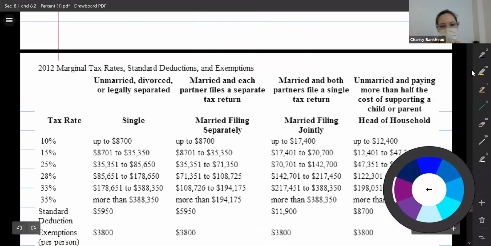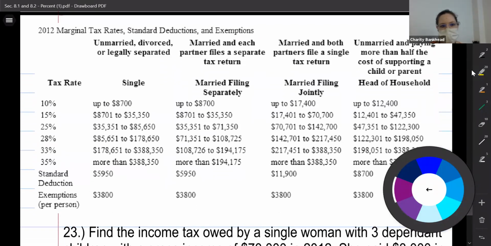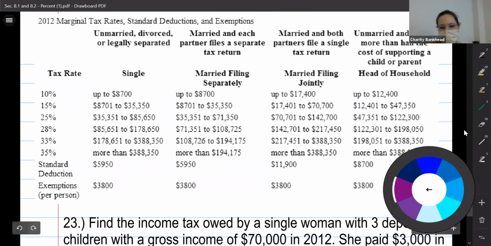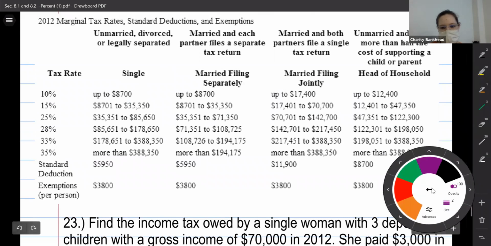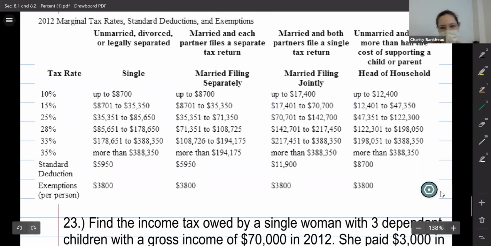All right. Income tax. Yay. Okay, so this table is from 2012 for income tax.